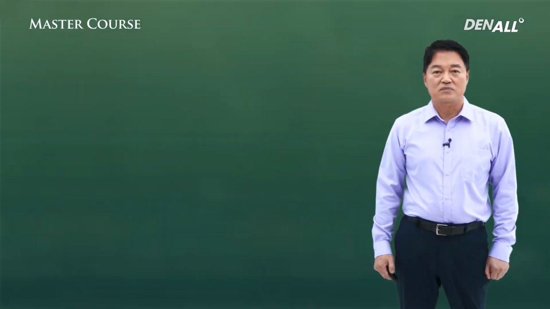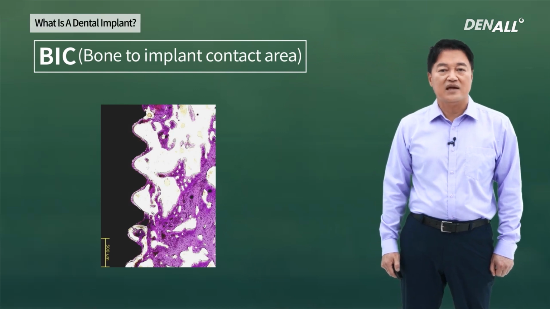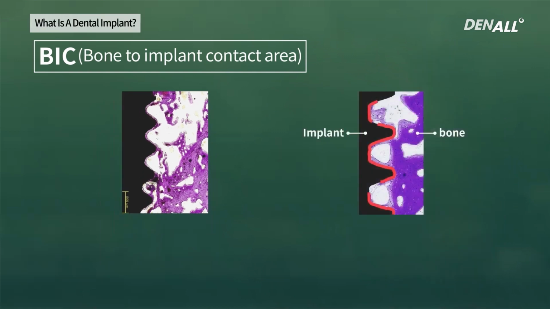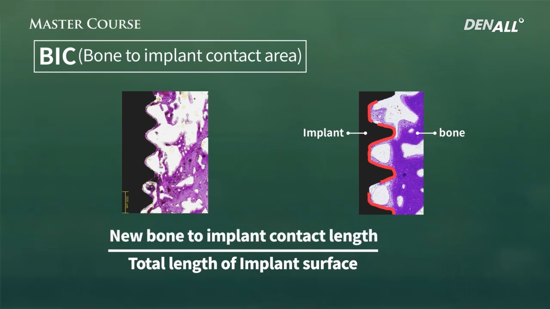There's a very important terminology, BIC, which is bone to implant contact area. Total length of implant surface by new bone to implant contact length is BIC. It shows how well osseointegration has occurred. It's shown in percentage.